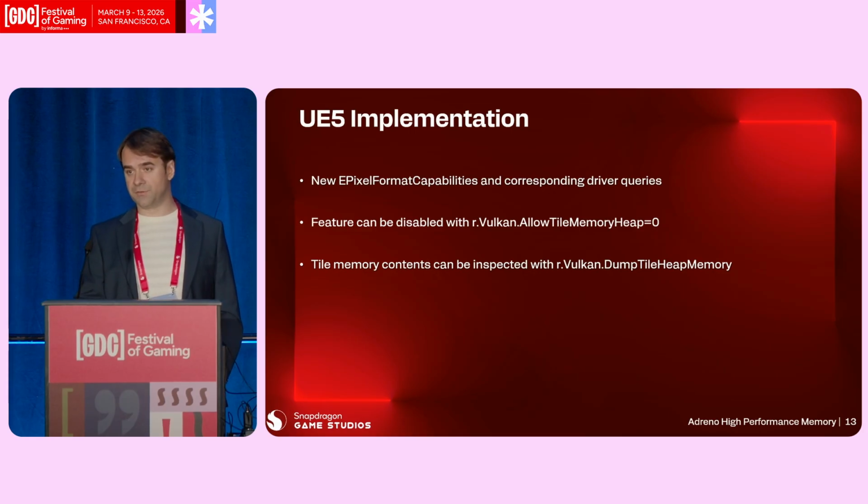Otherwise, it will fall back to shader-based UAV equivalents. The feature can also be disabled using a new console variable, so that can be useful when you want to get RenderDoc captures or something like that. And there are some new commands that we added, such as dump tile heap memory, that will let you inspect the free ranges and the resources bound.